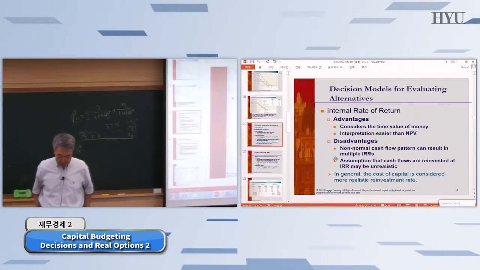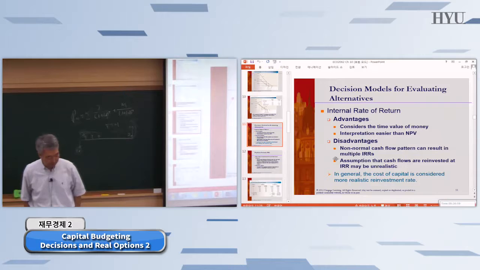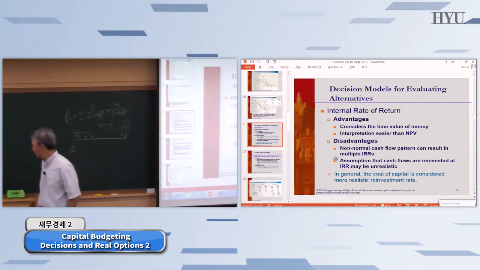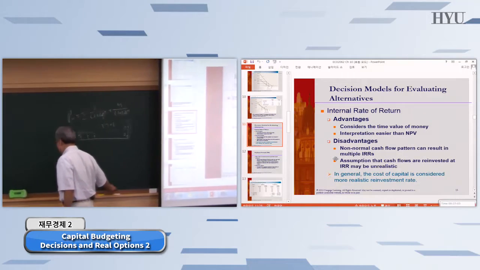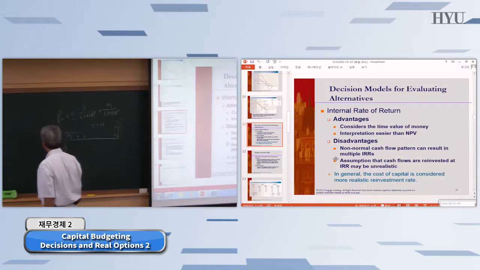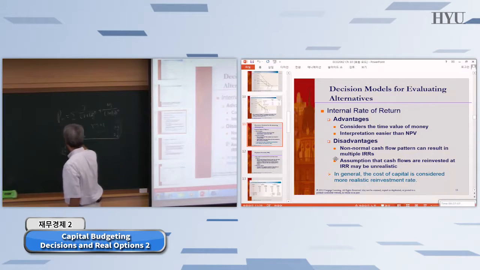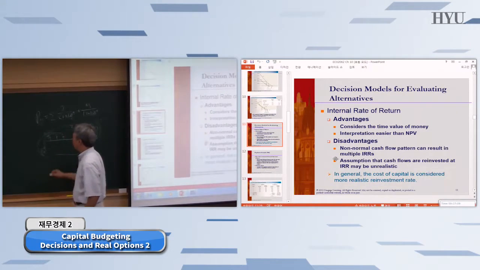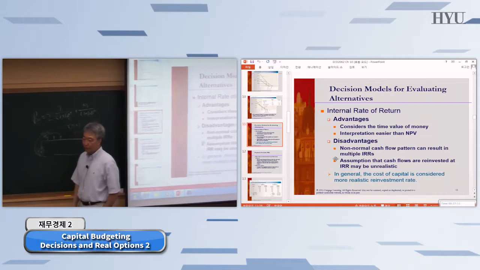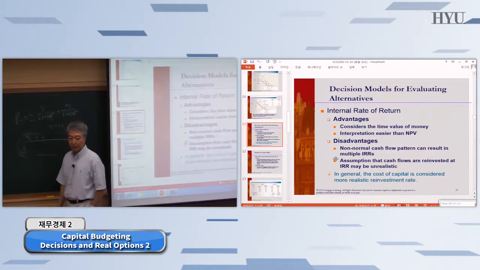The disadvantage is that a non-normal cash flow pattern can result in multiple IRRs. Here's another thing we have to understand. The normal cash flows are something like this. Initially, you invest certain money, so there is a cash outflow initially.